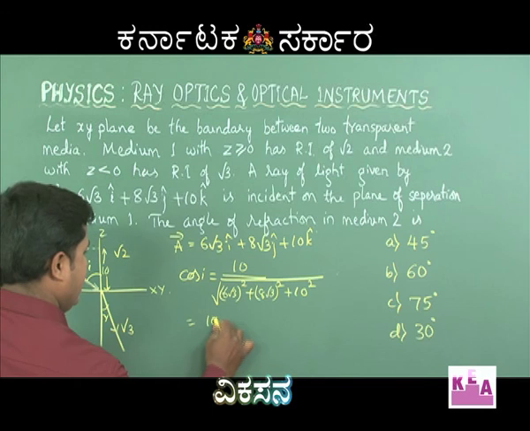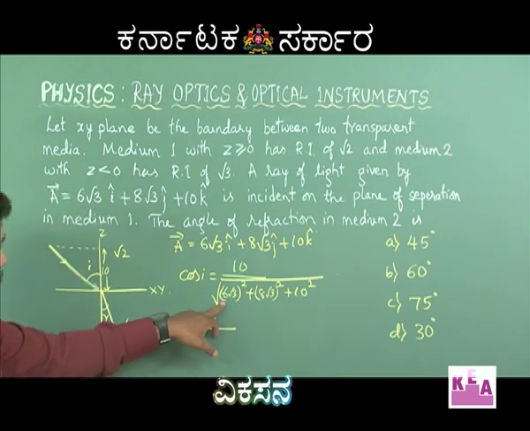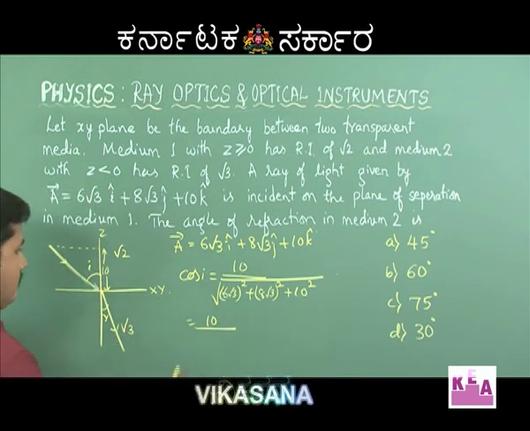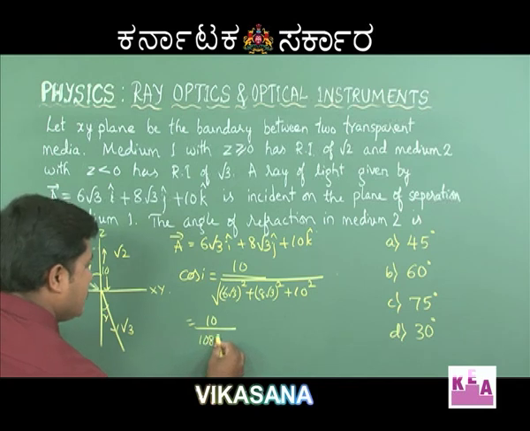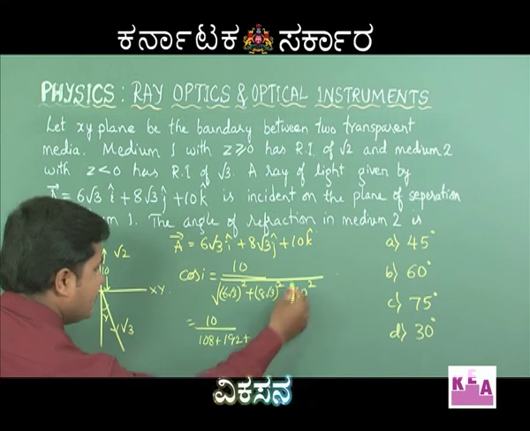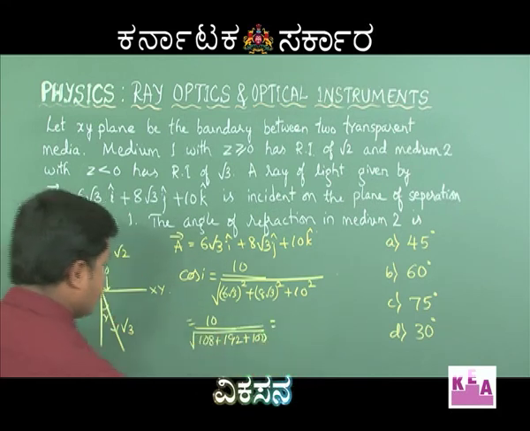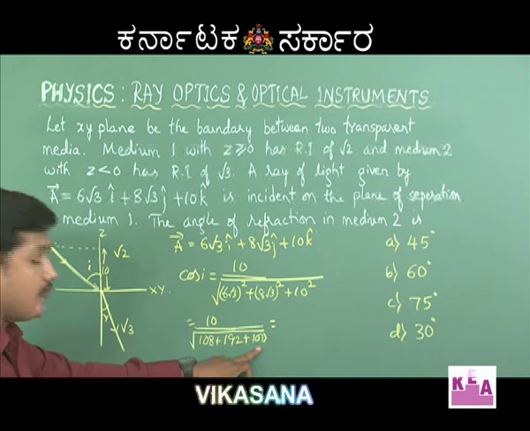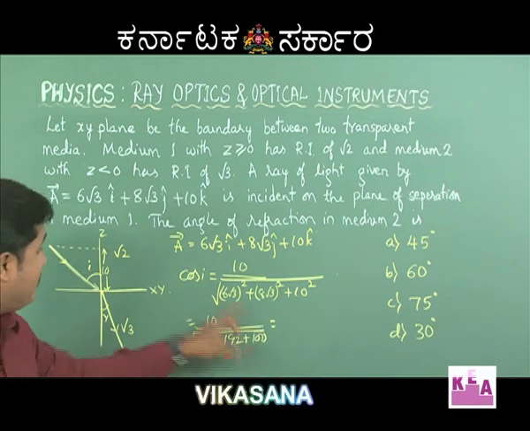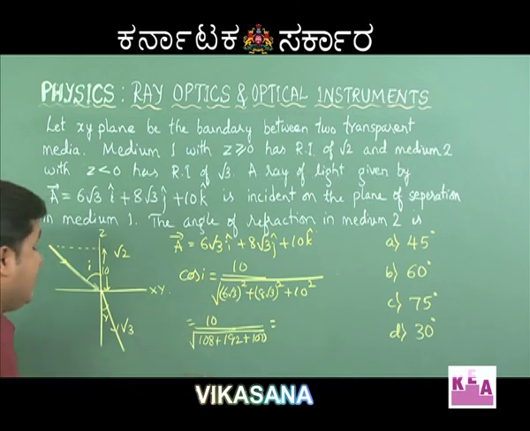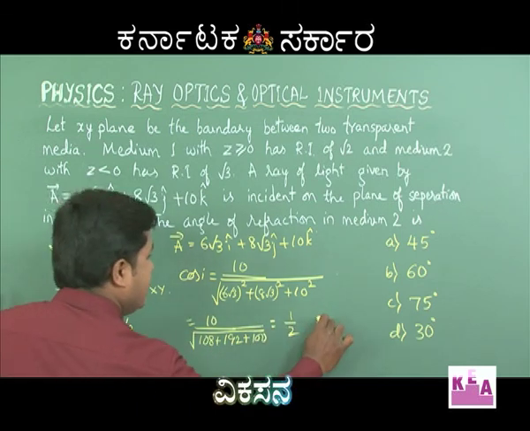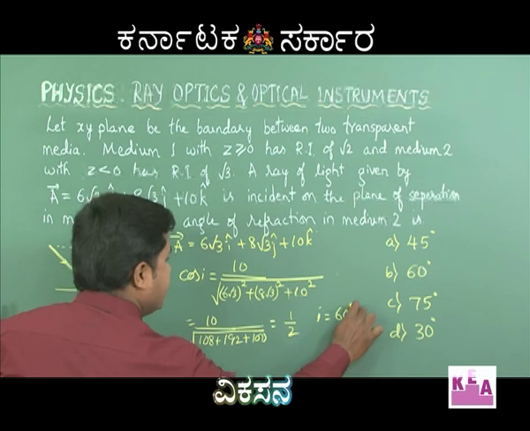So this is 10 divided by the square root of 36 times 3 is 108, plus 64 times 3 is 192, plus 100. This turns out to be 300 plus 100 is 400, under root is 20. 10 by 20 is half. Cos i is half, which gives me the value of i to be 60 degree.